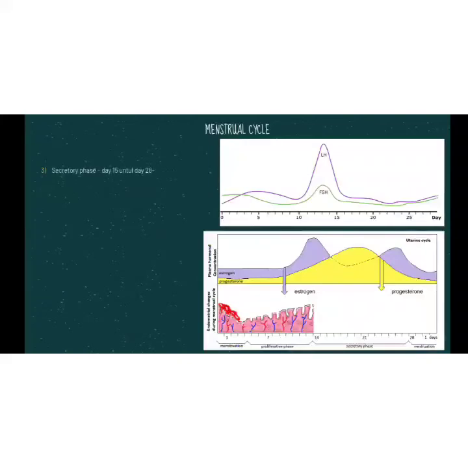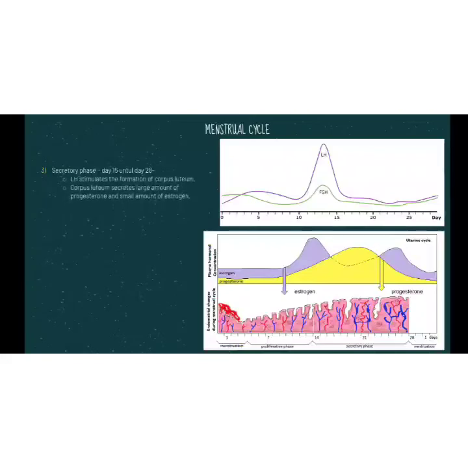Then we go to the last phase in the menstrual cycle. That is the secretory phase, which occurs from day 15 until day 28. So the LH will stimulate the formation of the corpus luteum. The corpus luteum secretes a large amount of progesterone and a small amount of estrogen.